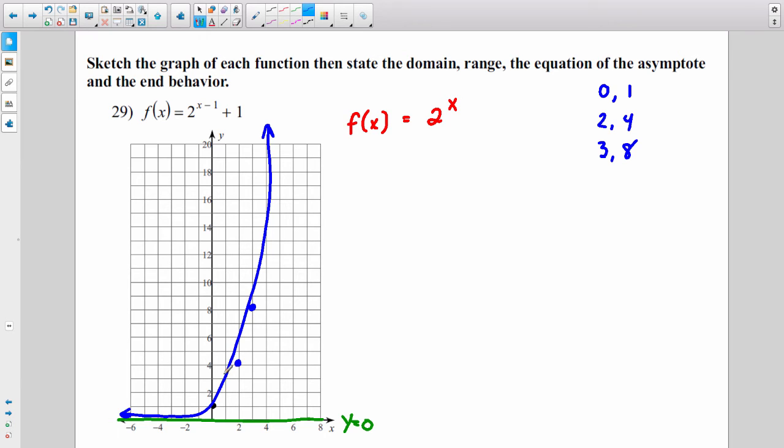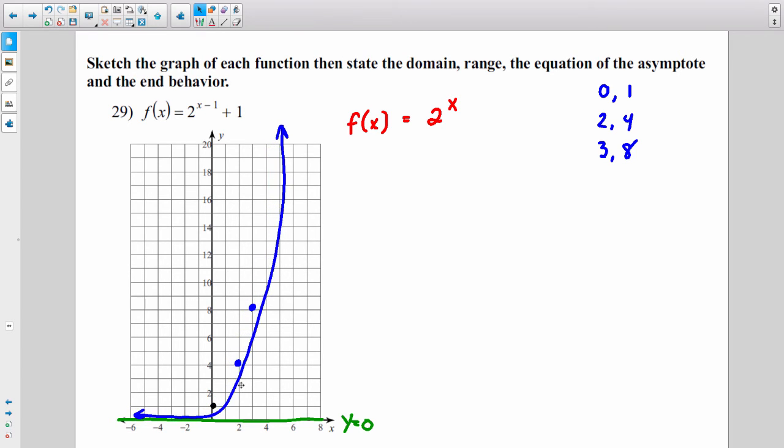Now let's talk about these shifts. So what's happening here is when you have a number in this area, you are just shifting to the right or left in the opposite direction of the sign. So if it says -1, I'm going to take this graph and move it to the right 1.